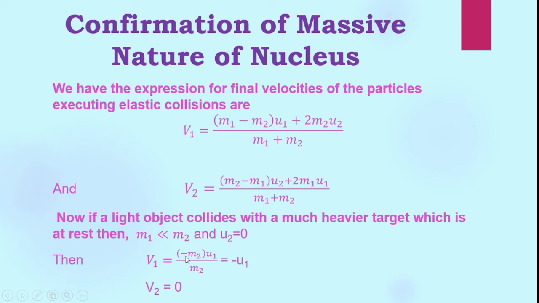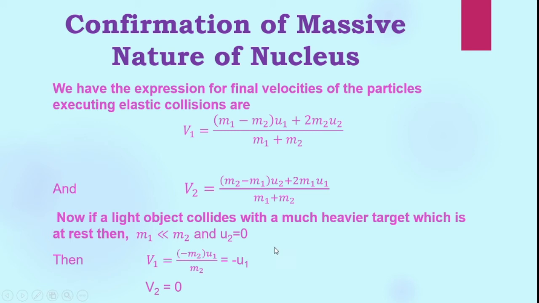From this expression, we can take inference from the gold foil experiment that v1 is nothing but the velocity of the rebounding alpha particles, which is equal in magnitude to the velocity of the alpha particles incident on the atom, that is, v1 is equal to minus u1.